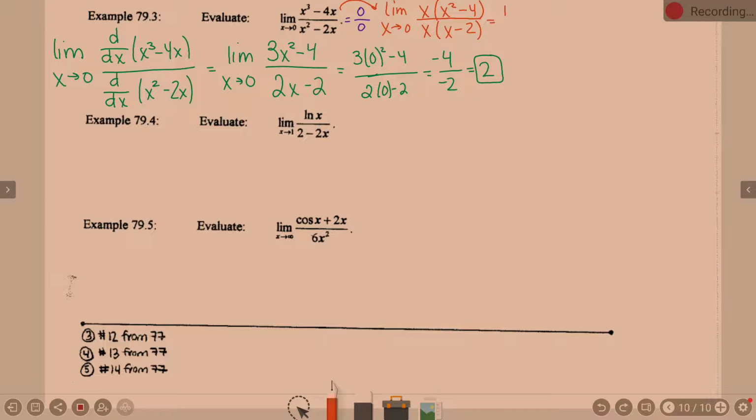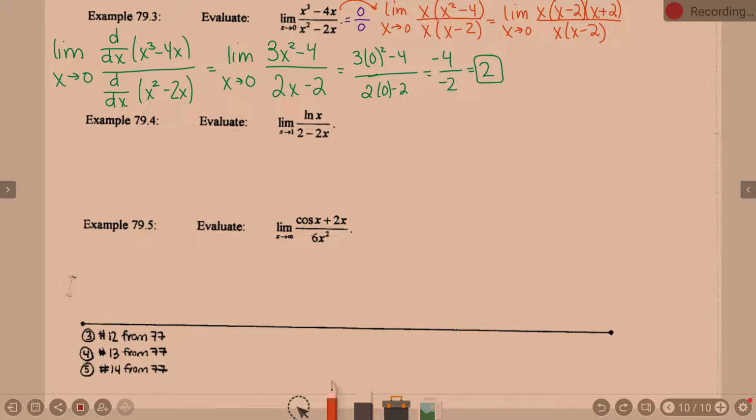Okay, continue factoring. So it's still the limit as x approaches 0. My numerator, I already factored out an x. What do you know about x squared minus 4? It's x minus 2, x plus 2, because this is difference of squares. Denominator was already x and x minus 2.